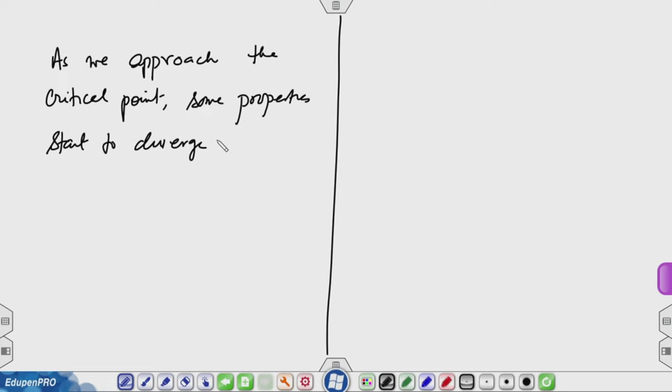And the example here that we saw was CV and compressibility kappa. So let us see what happens as you approach the critical point.